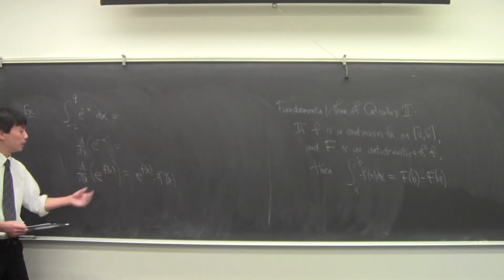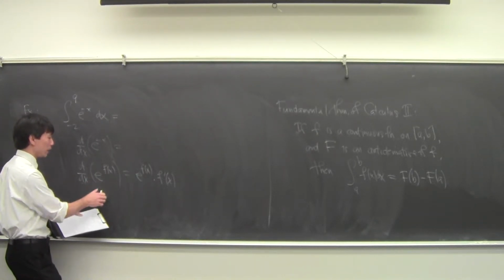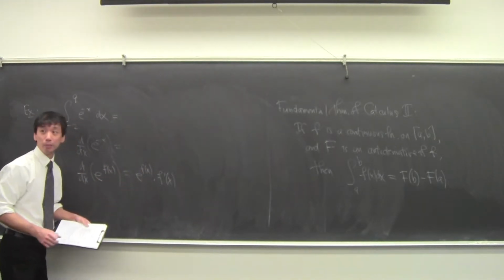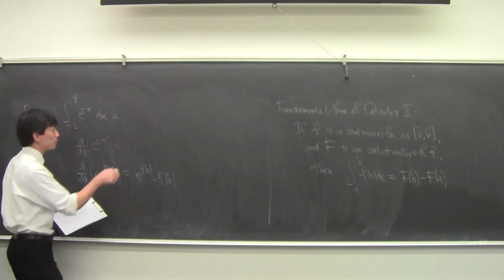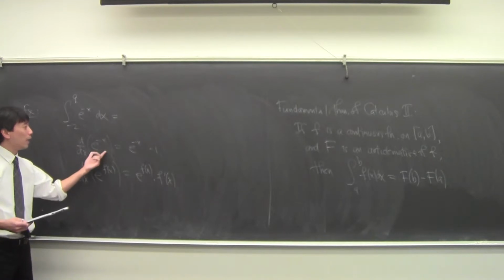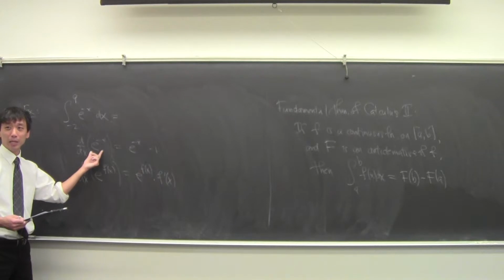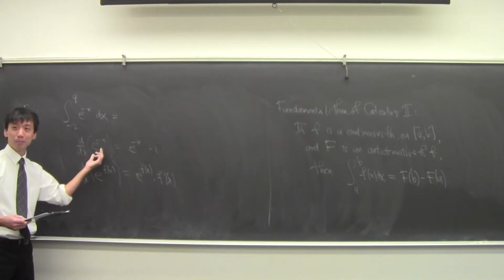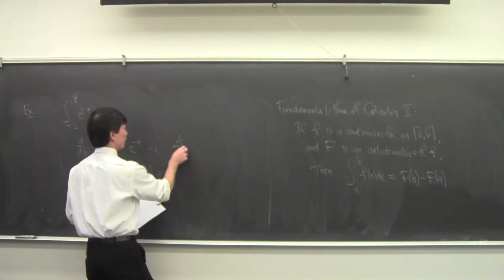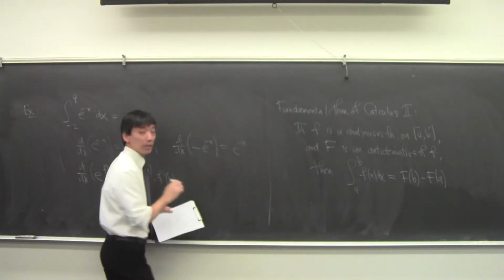If you've got a composition, you differentiate the outside guy, which is e to the x, evaluate it at f of x, and multiply it by f prime. So this would be e to the negative x times -1. So this is not an antiderivative of e to the negative x. But if we fix it up a little, if we differentiate negative e to the negative x, we do get e to the negative x.